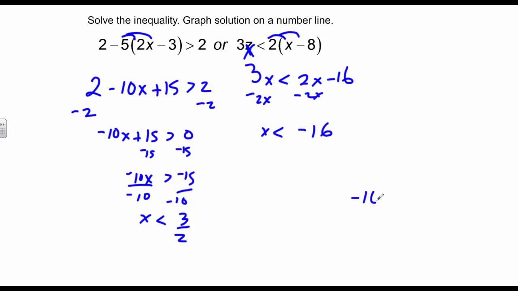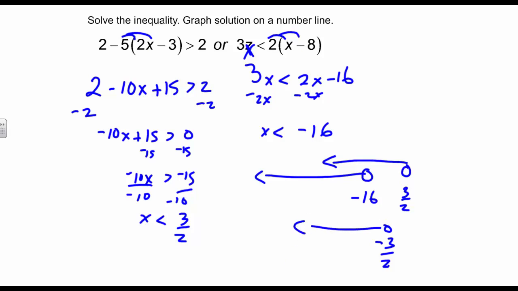I have a negative 16, moving to the left, and I have positive 3/2, moving to the left. I'm not looking for the overlap or the intersection. I'm looking for everything that I see, and I see everything from 3/2 to negative infinity. So my answer is x is less than 3/2.